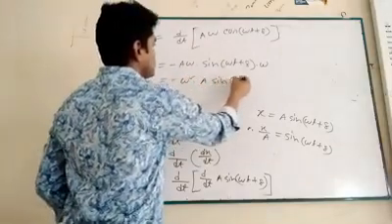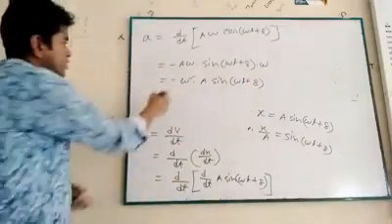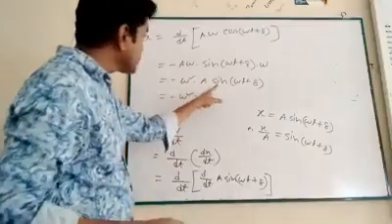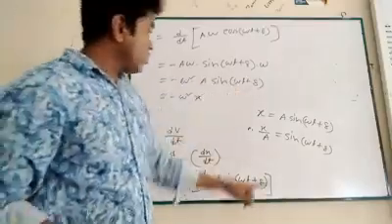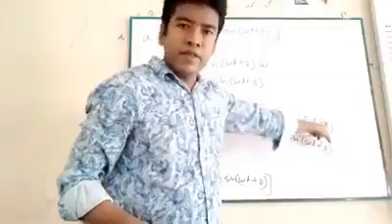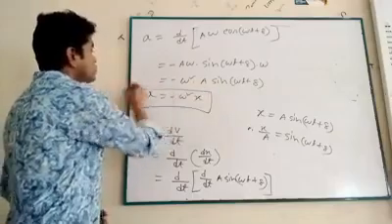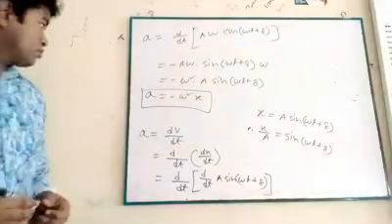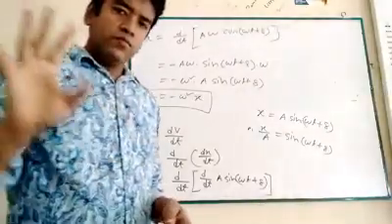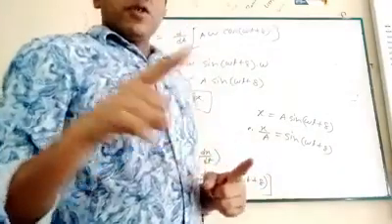Now we can write minus omega square a sin(omega t plus delta). We can write minus omega square x instead of a sin(omega t plus delta), because x equal to a sin(omega t plus delta). This is the equation of acceleration of simple harmonic motion.